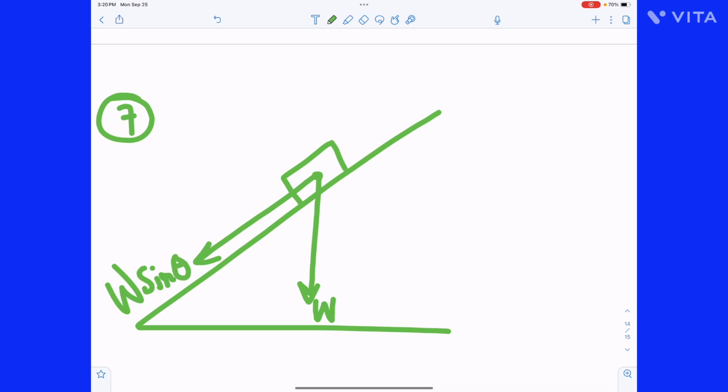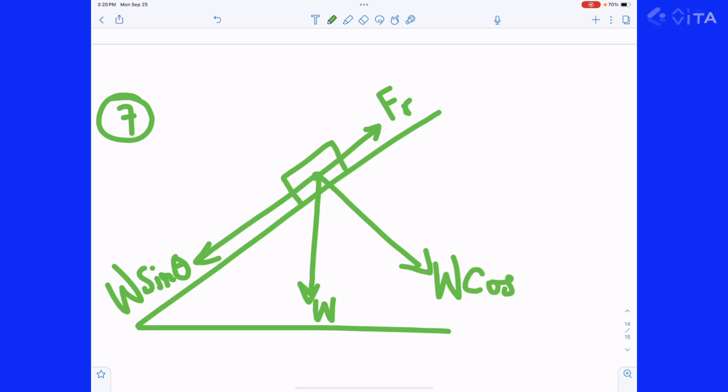Then frictional force F will act backwards like this if it tries to slide down. There's another component of the weight which is acting normal to the plane called W cos theta.